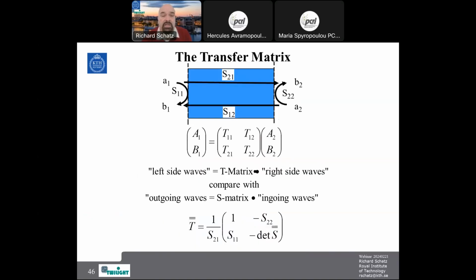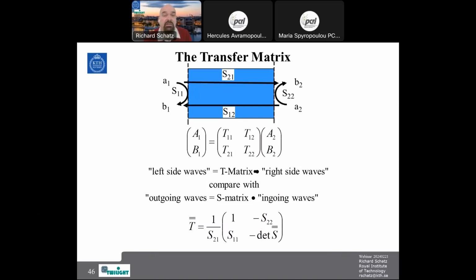So in order to solve this, we need to divide the laser into small pieces where we can assume the carrier density to be constant. And each such piece can then be described with the transfer matrix. The transfer matrix is approximately the same as the scattering matrix.